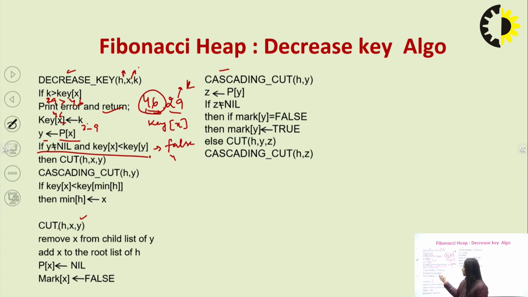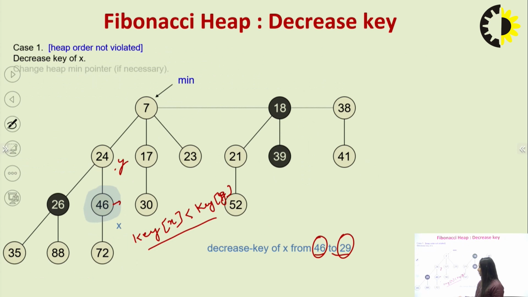Okay, after this we just need to check for these values. If key of x is this minimum value, because it's not in the root, we don't need to check anything here.